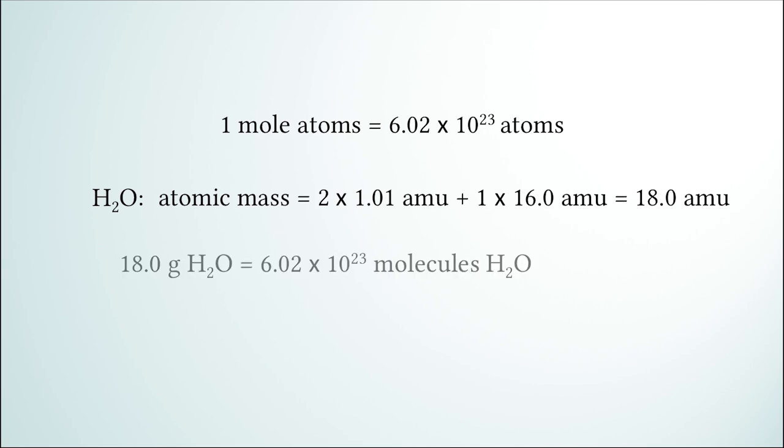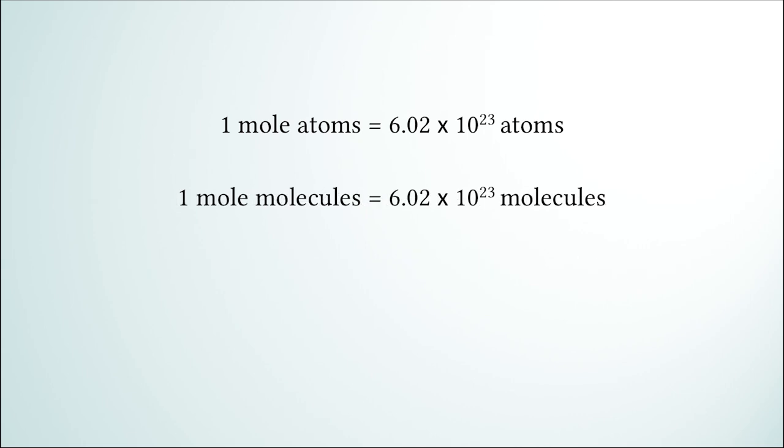Therefore, if you have 18.0 grams of water, you have 6.02 times 10 to the 23rd molecules of water in that sample. Or you can say you have 1 mole of water. All this means that 1 mole of molecules equals 6.02 times 10 to the 23rd molecules.